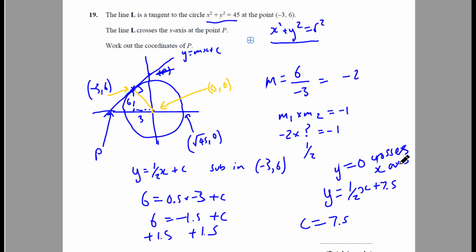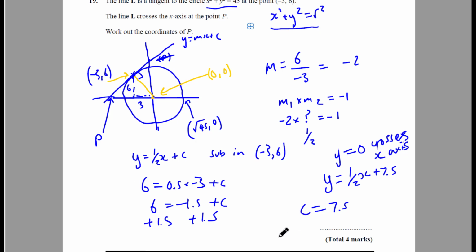Crosses the x-axis. So let's write 0 equals a half x plus 7.5.